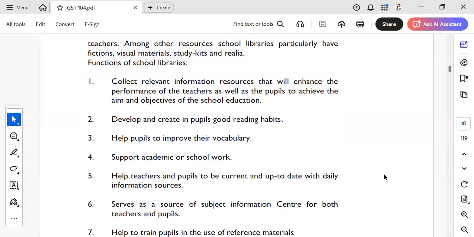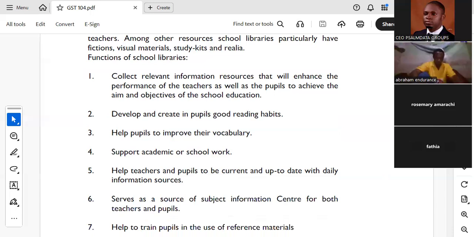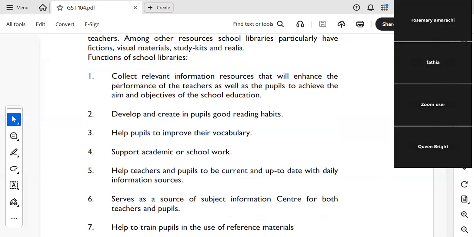Now, I want someone to read the functions to us one by one, and you will explain. Let me see who is in the class already. Fatia, are you available, or is there noise where you are? Fatia, will you do that for us? Sir, there's noise where I am. Maybe when I leave there, sir. Don't worry, mute yourself. Queen Bright, are you available? Why is it ladies I'm calling today? I hope you guys have not bribed me.